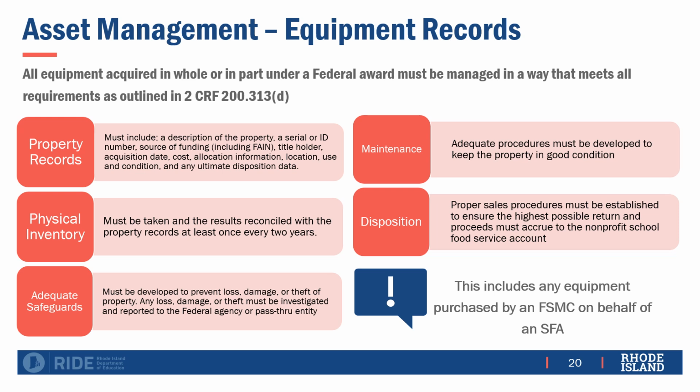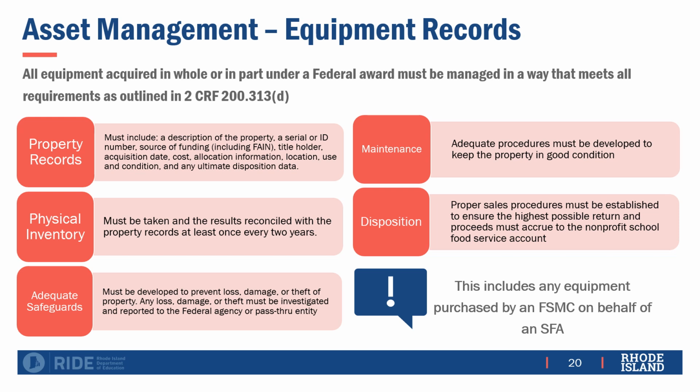As mentioned, these standards apply whether the equipment was purchased by the SFA directly or by a food service management company on behalf of the SFA. Where an SFA retains ownership of equipment purchased, which is the case in all cost reimbursable contracts, where the cost of equipment is billed back to the SFA through the food service management company invoicing process, the SFA is responsible for asset management.